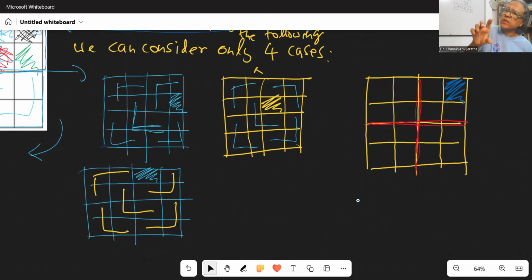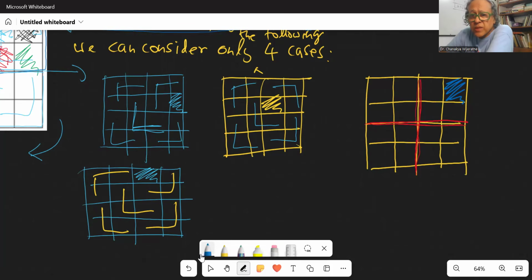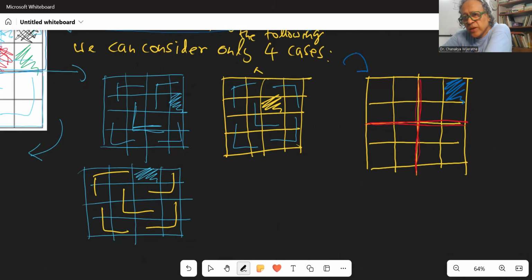So I'm going to remove 3 squares, one from each 2x2 board, so that I get 3 squares which can be tiled by one L-tromino. So from this 2x2 board, I'm going to remove this square, and from this 2x2 board, this square, and from this 2x2 board, this square.